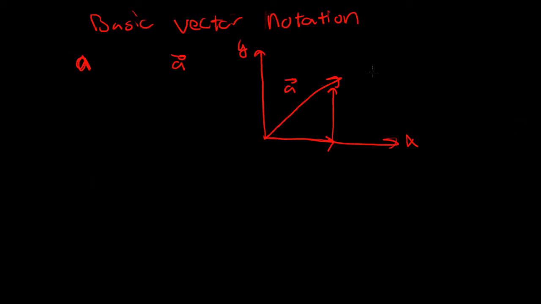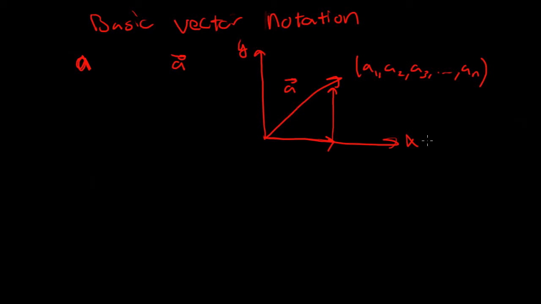If we have an n-dimensional vector, we represent it as A1, A2, A3, all the way to AN. Now this is highly useful because now we've quantified this vector in terms of these constituent basis vectors.